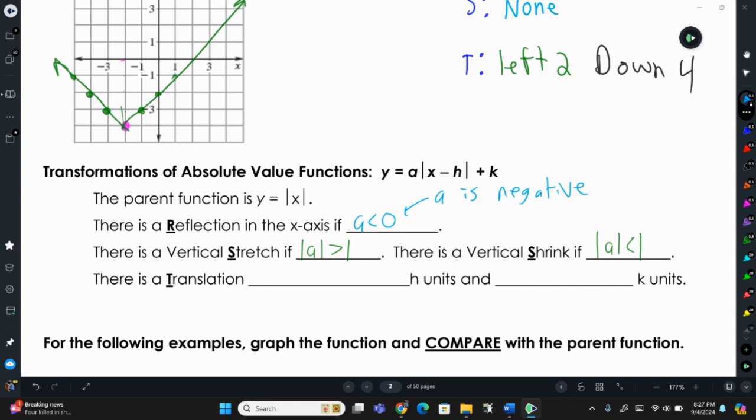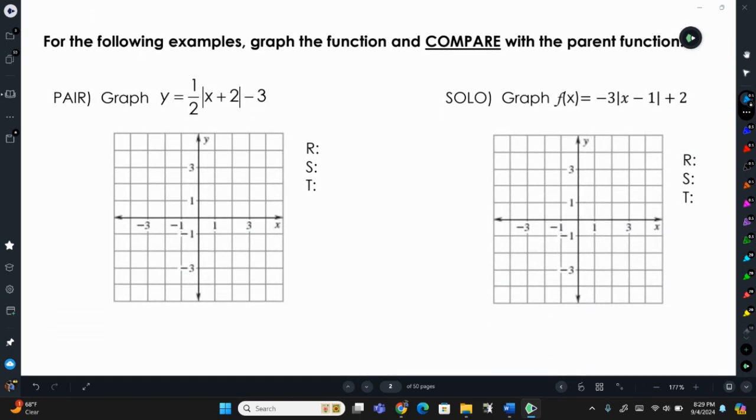Okay, then a translation. A translation goes left or right, h units, and up or down, k units. So now let's graph these problems.